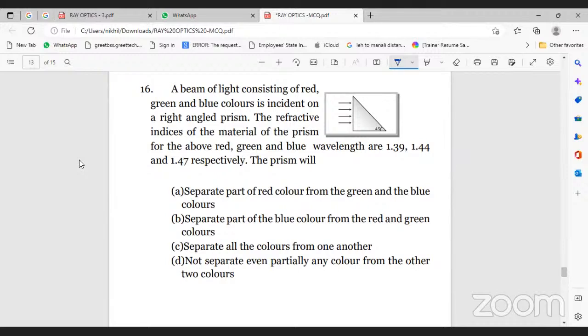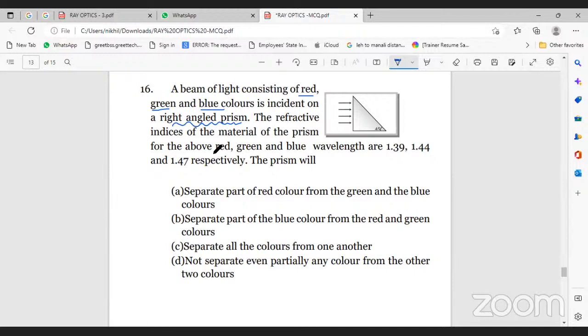A beam of light consisting of red, green, and blue colors is incident on a right angled prism.